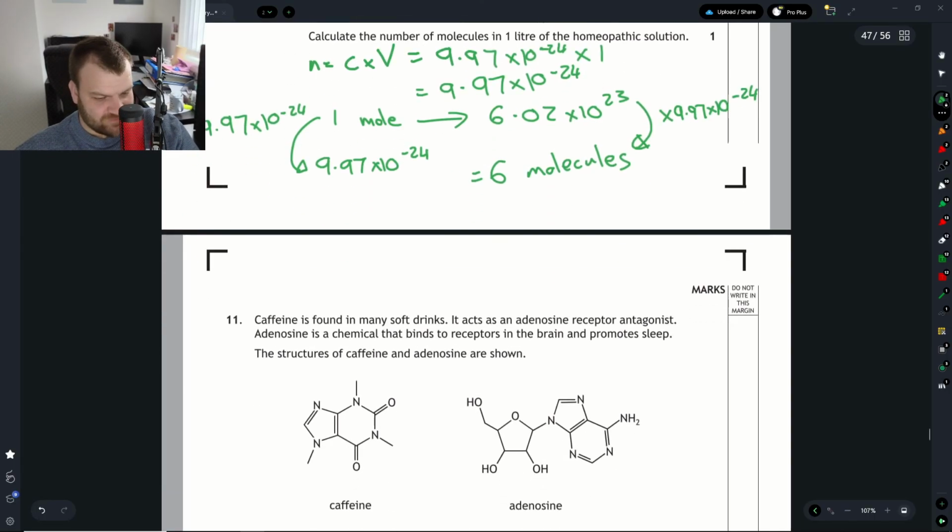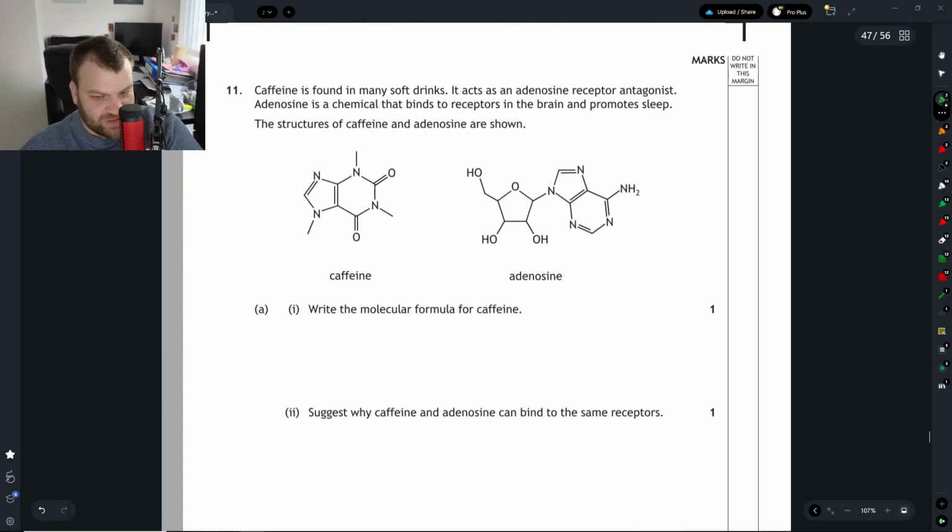So we'll say here, write the molecular formula for caffeine. What we need to check for is whether there are any hidden hydrogens. The end of each line is a carbon, so that means there's 3 hydrogens there. Nitrogen is making 3 bonds, that's fine. We would need 1 hydrogen here. No hydrogens on that nitrogen. This carbon is making 1, 2, 3, 4 bonds, so that's fine.